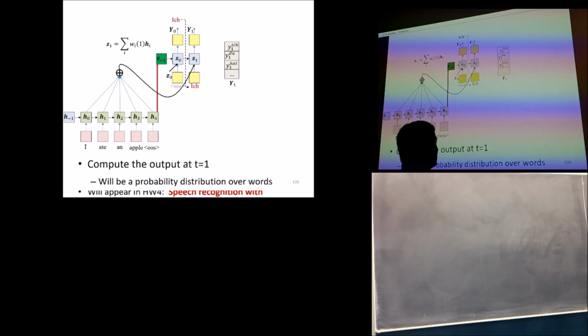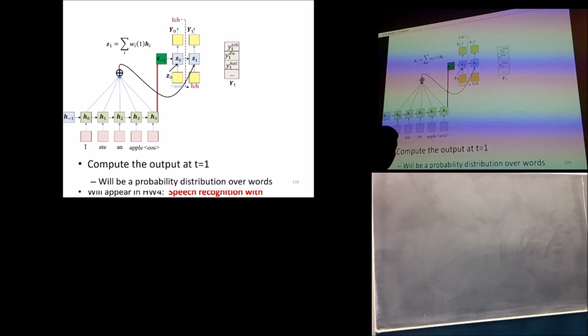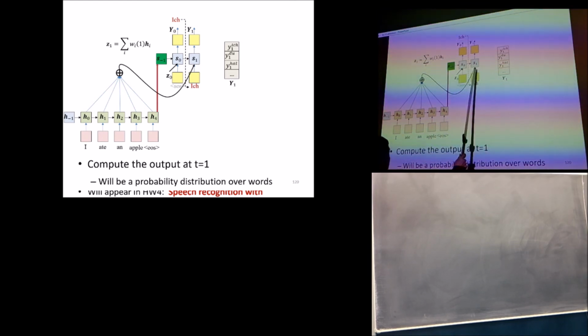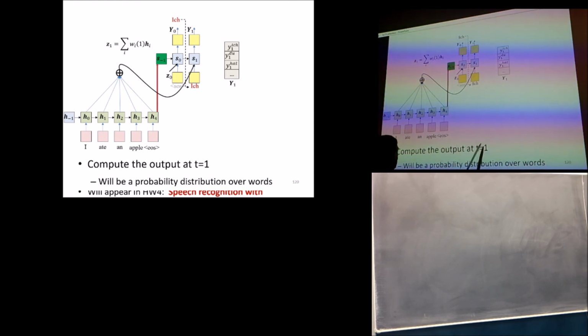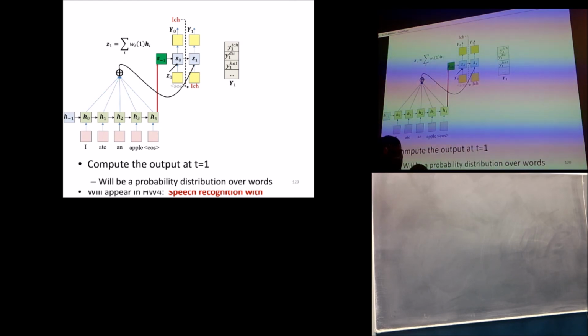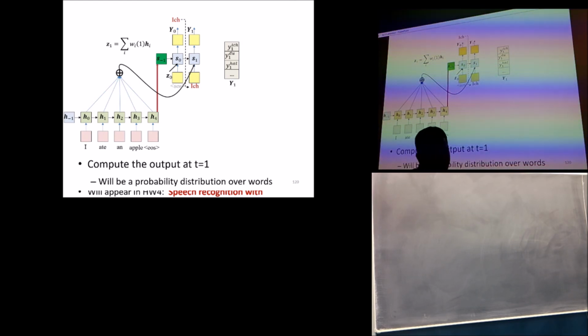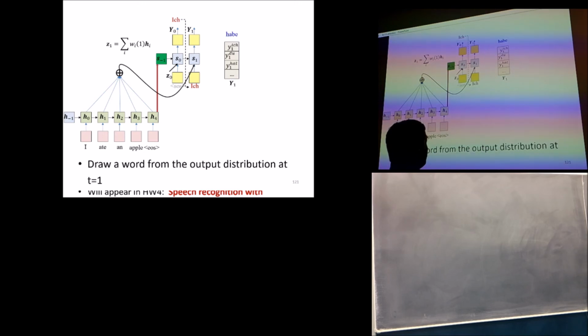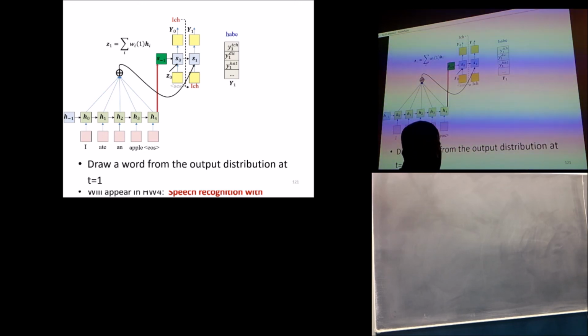And that weighted combination is going to be fed in to the network along with the hidden state of the previous time and the word output of the previous time to produce the output distribution of the next time. And from that, you would draw the next word.